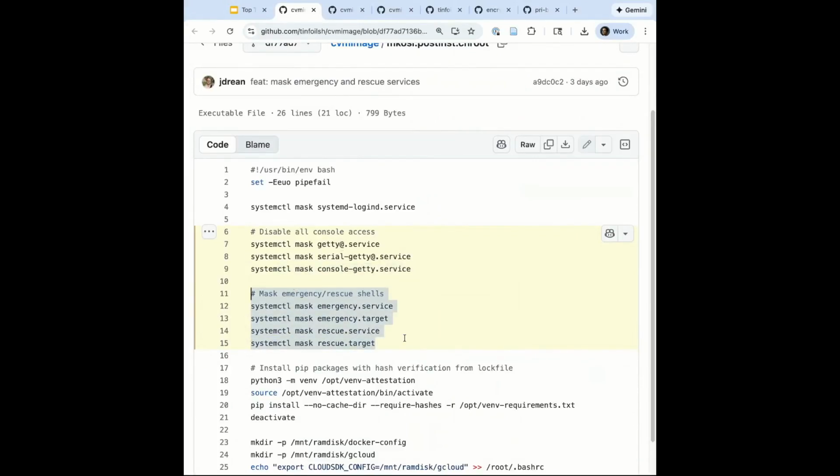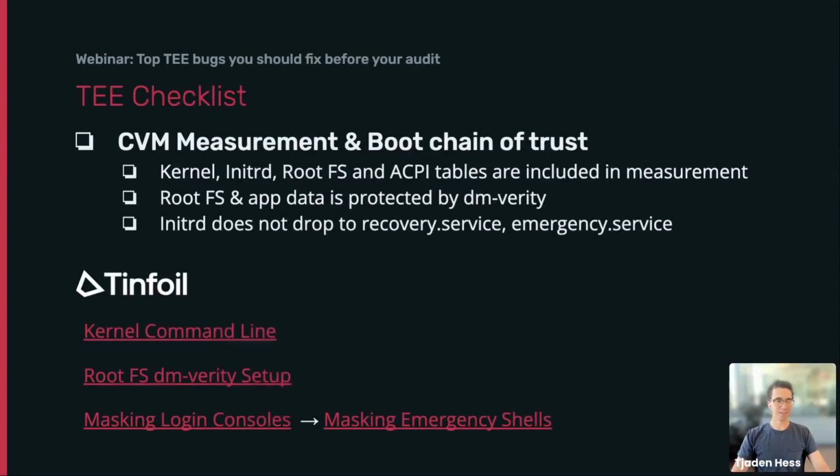In fact, you need to ensure that these shells are not present in the initrd or in the runtime systemd. So Jules very quickly patched that up, and I think that's one that people often are not even thinking about when they're building these systems.